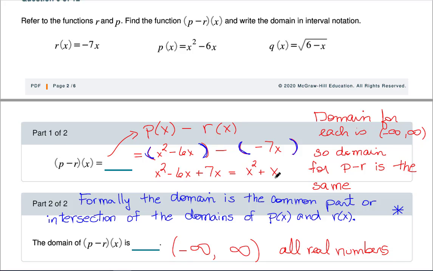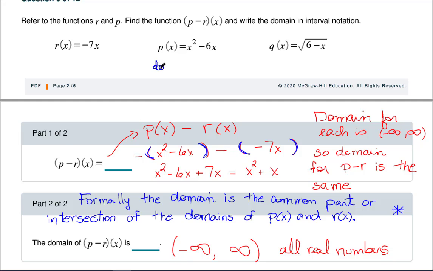They ask us about the domain and the domain here is everything. Now the reason for that is the domain is what's in common between each of the separate domains. So p of x is this quadratic, its domain is everything.